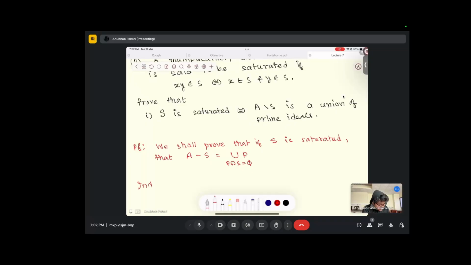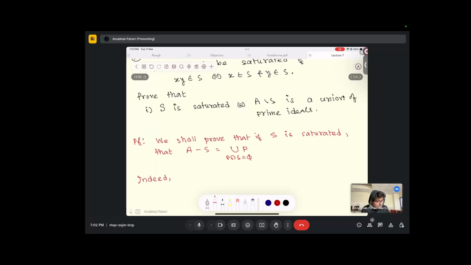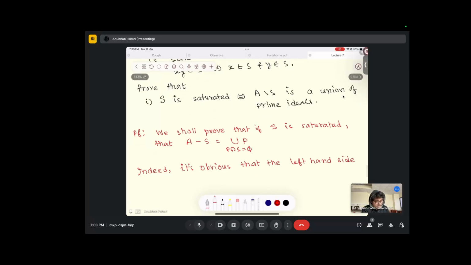Indeed. Now it's obvious that the left hand side contains the right hand side, right?